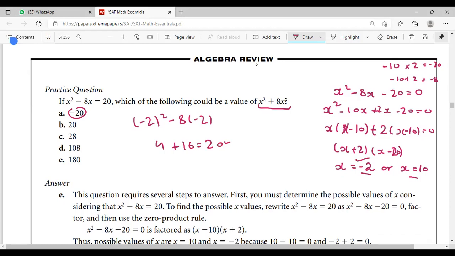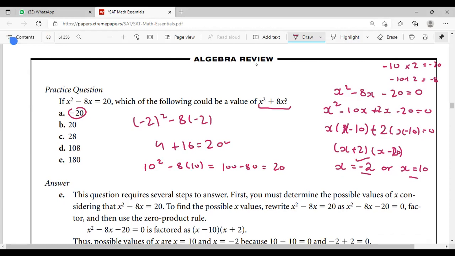And let's use x equals to 10. So we'll have 10 square minus 8 into 10. This would be 100 minus 80 equals 20. Okay, perfect. So minus 2 and 10 both can be used. So let's just plug in the values.